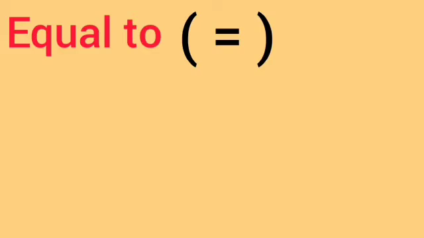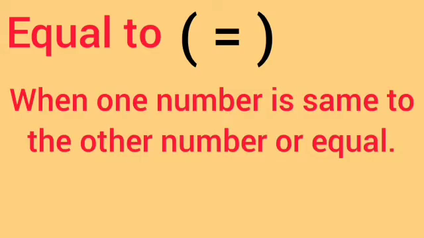Equal to. Equal to sign means when one number is same as the other number, or equal to the other number, we use equal to sign. Here we have number 28 and 28 on both the sides.